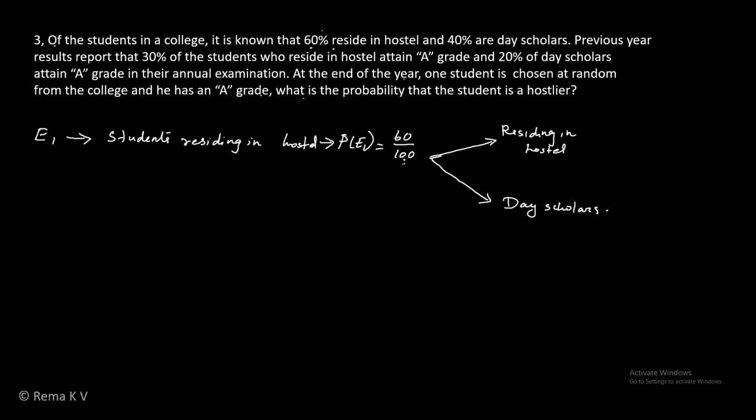Total is to be taken as 100 here because of 60%. Then E2 is students who are day scholars.